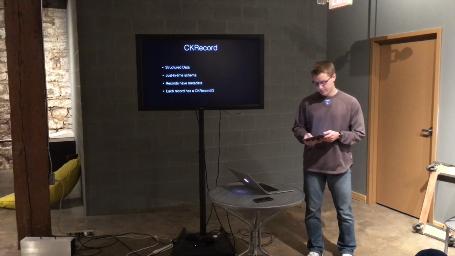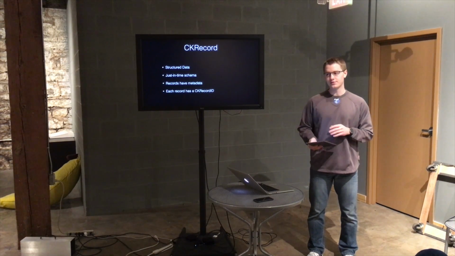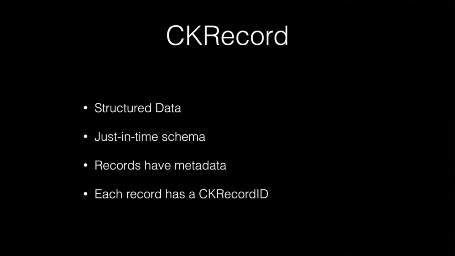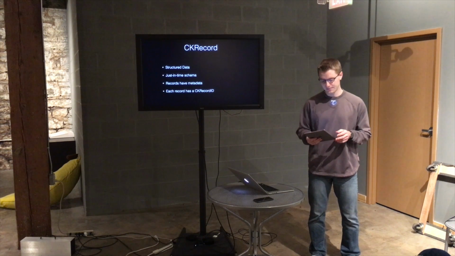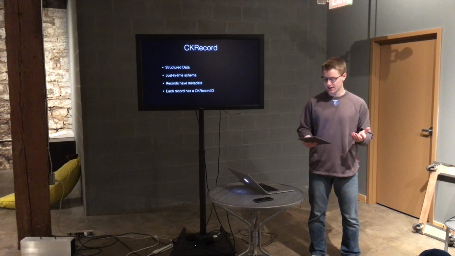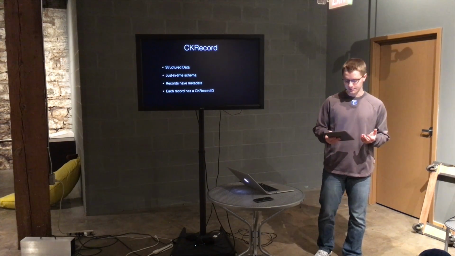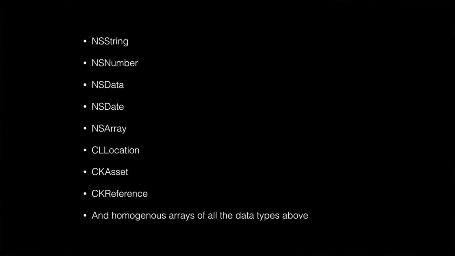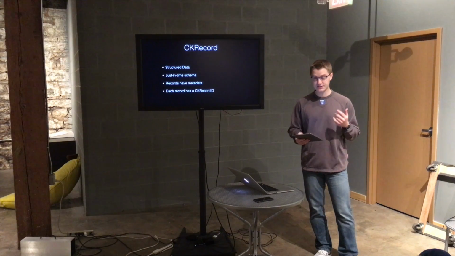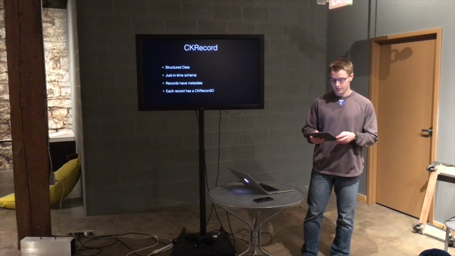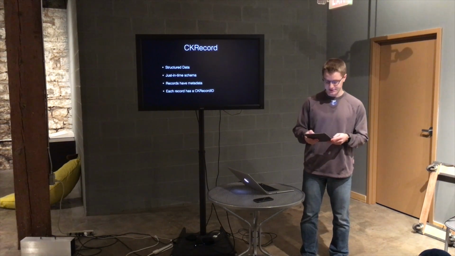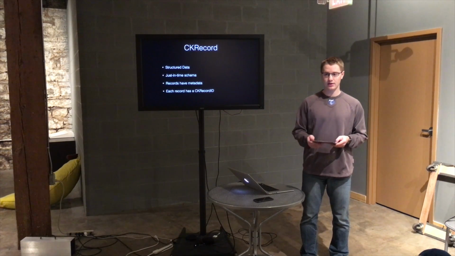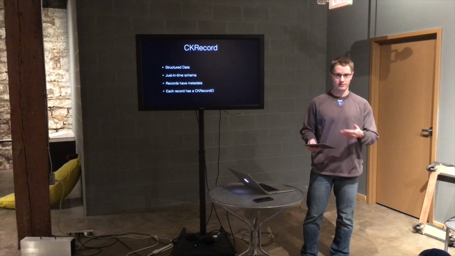CloudKit revolves around records, and the CKRecord class is how you interact with those. Records have a just-in-time schema, and they can store values such as NSStrings, NSNumbers, NSDates, NSDatas, CLLocations, CKReferences, CKAssets, and any homogeneous arrays of any of those types.